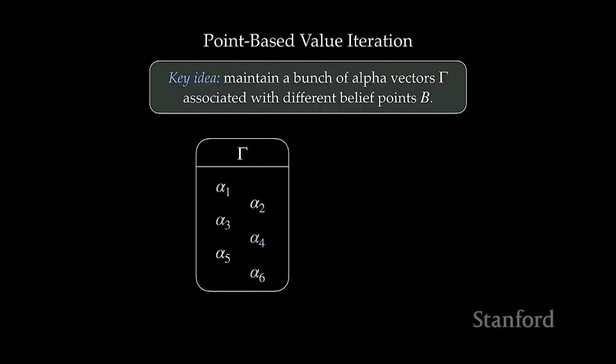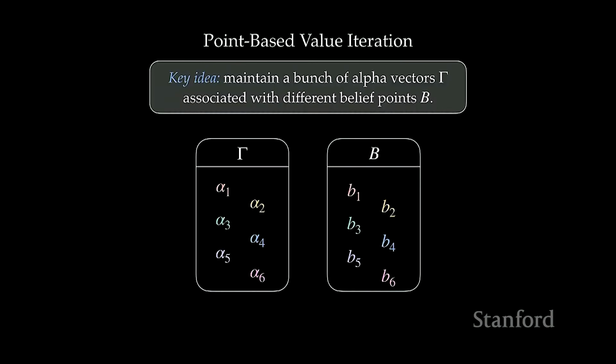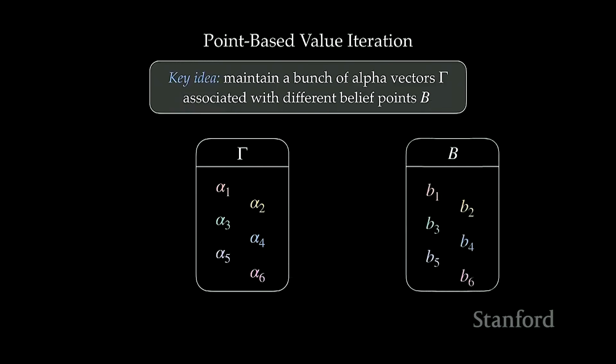How we get those we'll be talking about, but for now, just assume we have this set gamma that has a whole bunch of alpha vectors in it. And then we also have this corresponding set of beliefs where every single alpha vector corresponds to one belief in our other set of beliefs. Okay, so don't worry about how we got any of these. We'll talk about that. But this is just something we have for point-based value iteration.